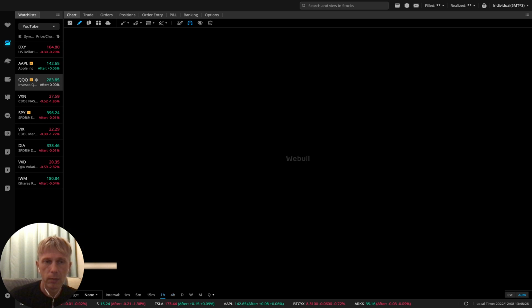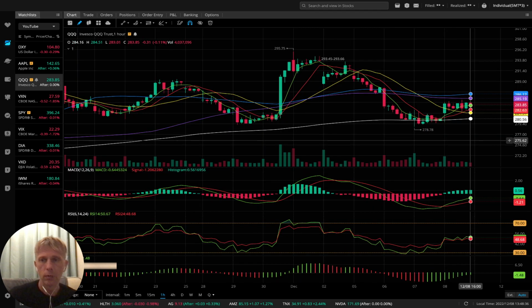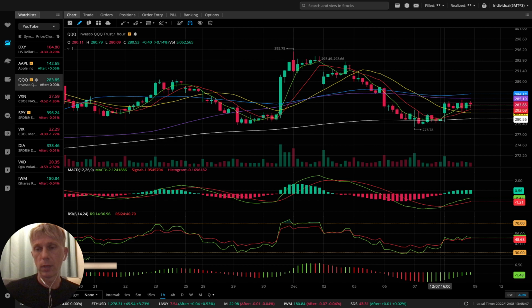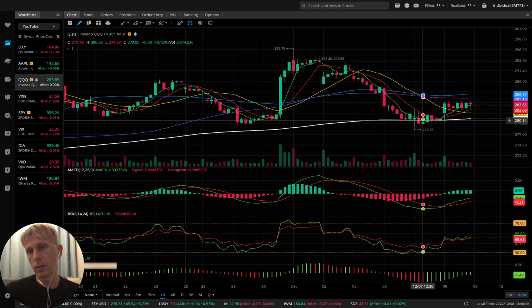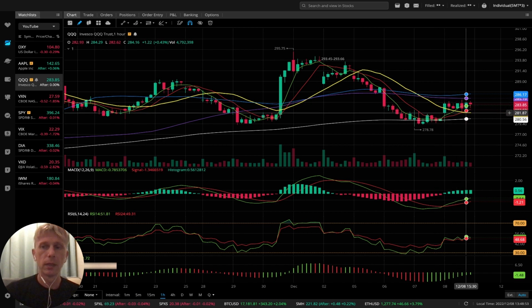Let's check 1 hour. 1 hour should be bullish. 1 hour is bullish, yeah. 1 hour is bullish for Qs. Same as Apple. Bullish on all indicators. And it bounced from MA200, right? It bounced from MA200, but MA20 is kind of parallel with MA200.